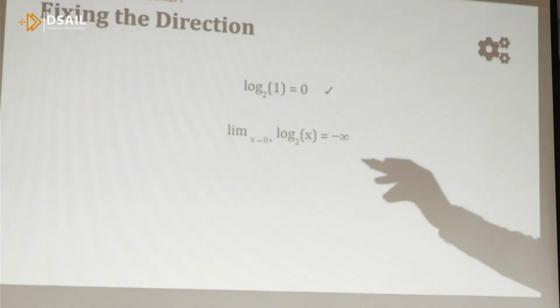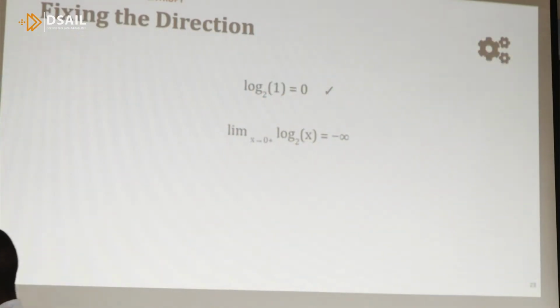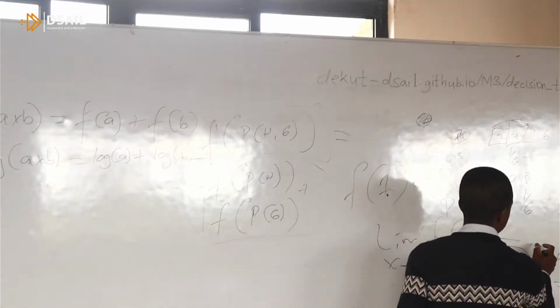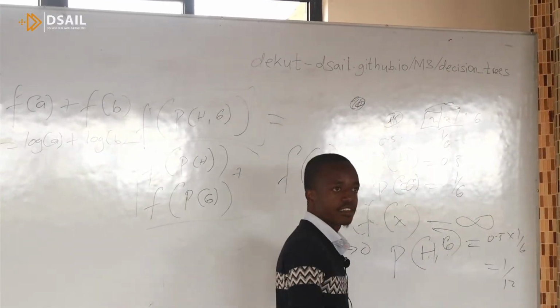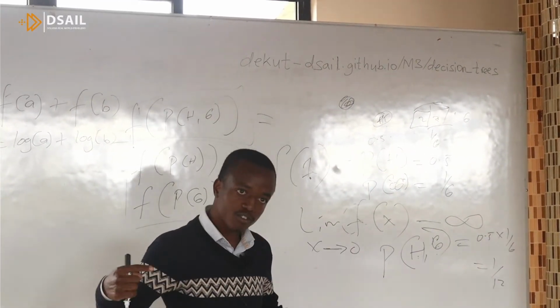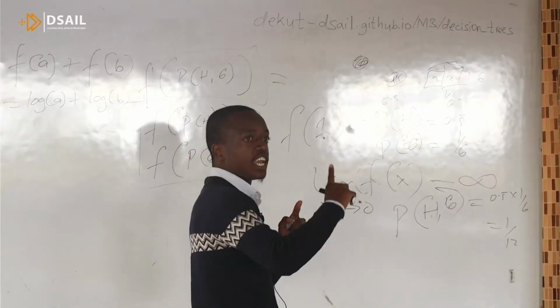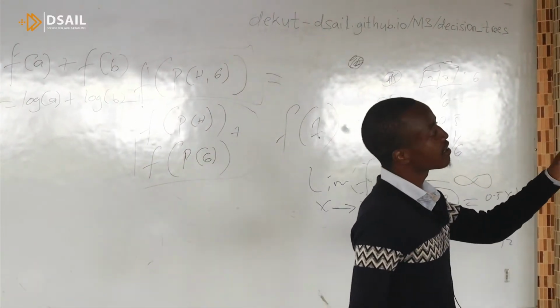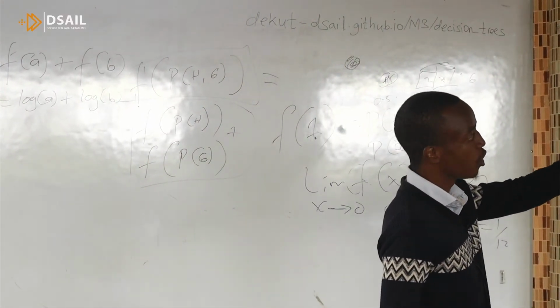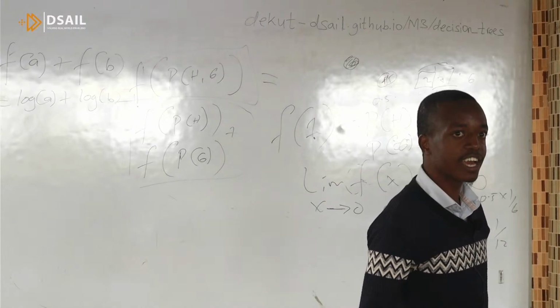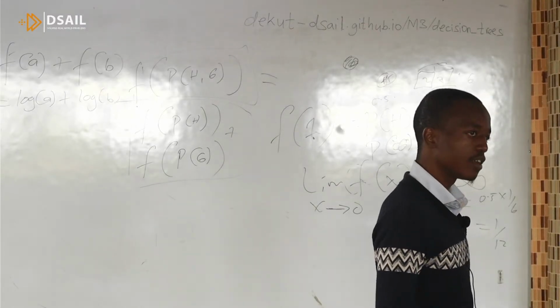But remember, we said that the limit of this function as x approaches 0 should be what? Infinite. As you approach 0, the limit of that function should be infinite. But the limit as x approaches 0 of the log function is what? Negative infinity.